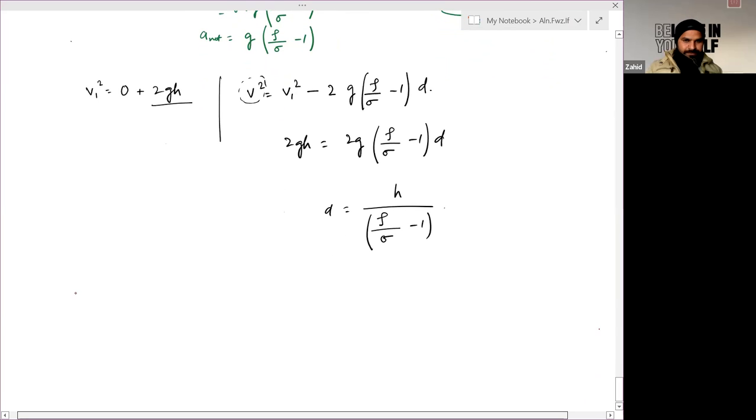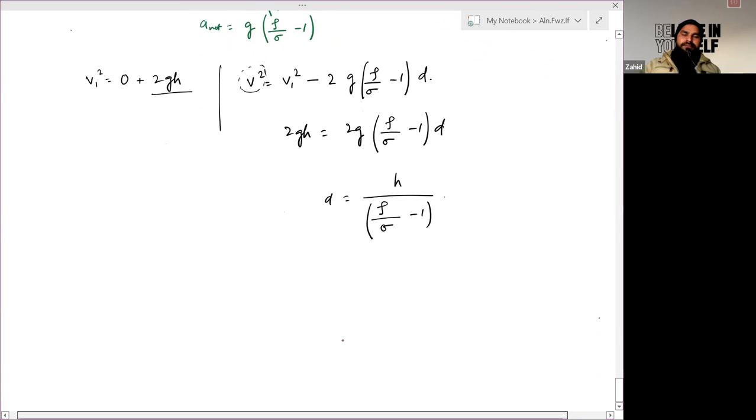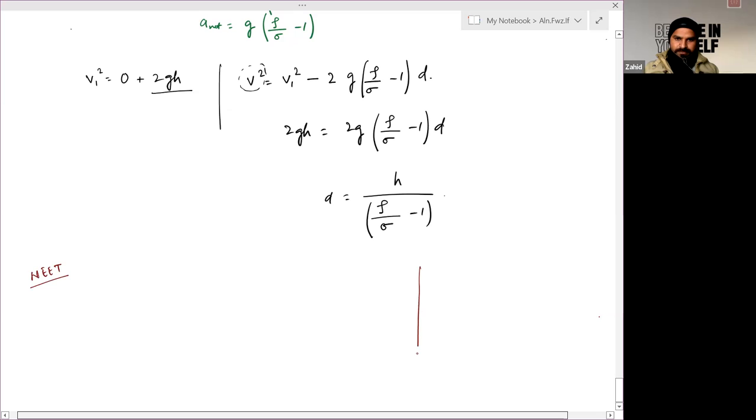Now, similarly, the next problem is related to this part. There was a question in NEET 2016.